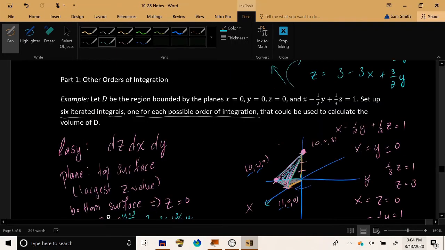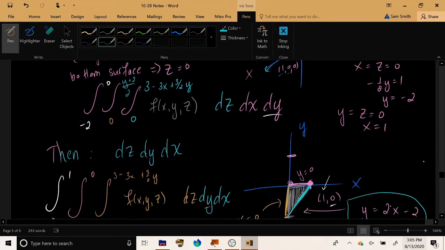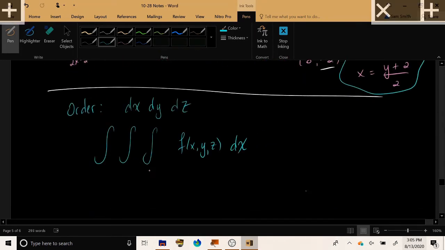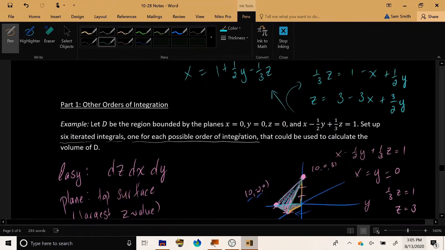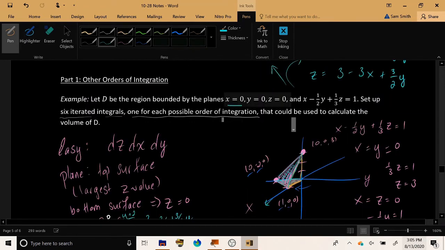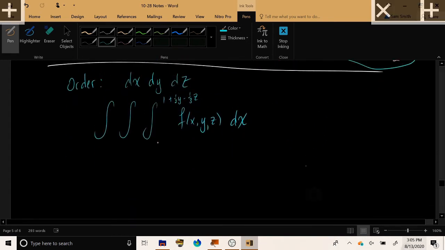That plane has the largest x values bounding this region, and so it's going to perform as our upper inner limit of integration. Now on the bottom of the region, the x values are supposed to stop at x equals 0. So let's put that in. x equals 0 is the lowermost x at all points.